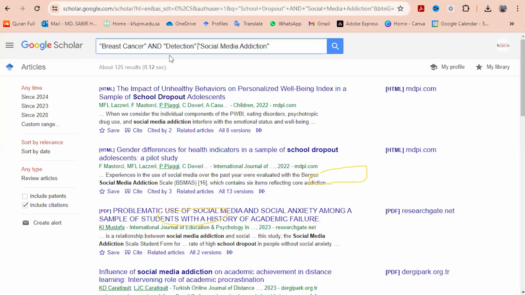They don't use breast cancer detection; they can use CNN in detecting breast cancer. So if I use detection with breast cancer, sometimes it will miss some papers. That's why we use breast cancer and CNN, because this term is widely used. Or you can also use convolutional neural network.